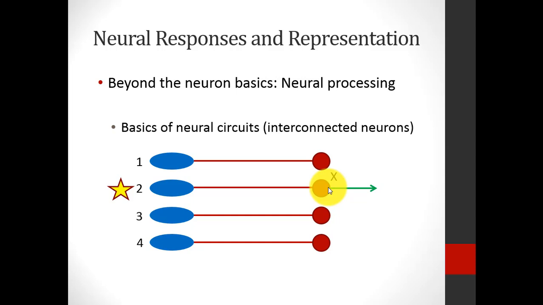But here, a one-to-one type of situation where you stimulate here and you have a direct connection to the receiving neuron X, which sends on its signal immediately with no alteration whatsoever from any adjacent neurons.